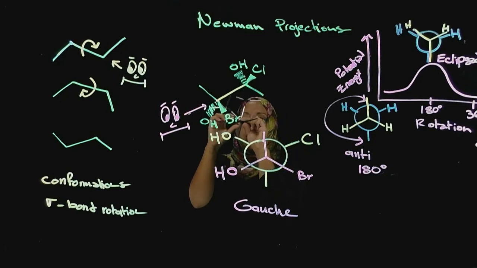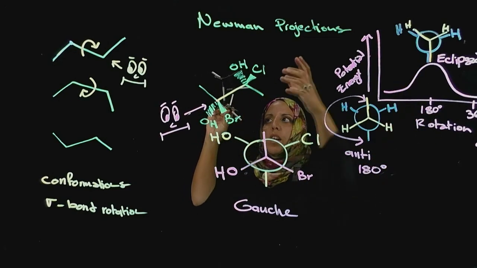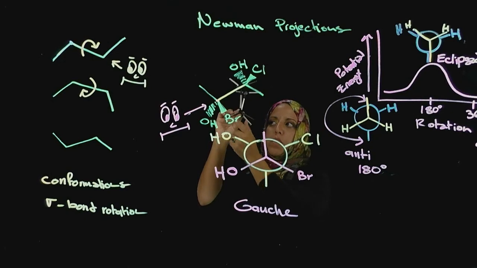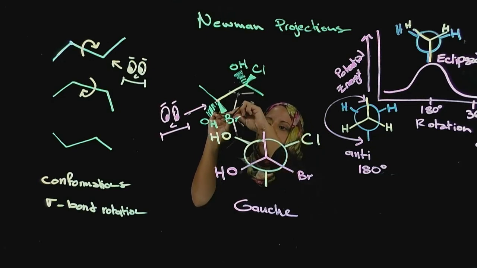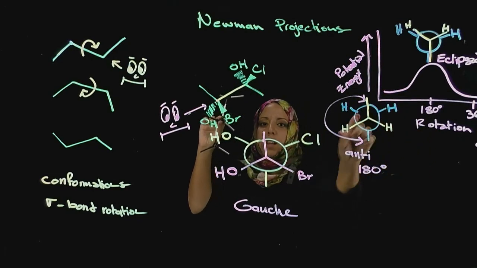Another 60-degree rotation, another 60-degree rotation, and at that point you're at 180, so they're eclipsed. The difference is really 0 degrees, whether you're looking at this group, this group, this group, or both groups, and then you can rotate once again. 60 degrees and another 60 degrees and another 60 degrees, and then you're back at 180, or an anti-conformation.